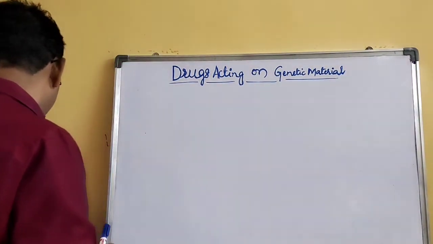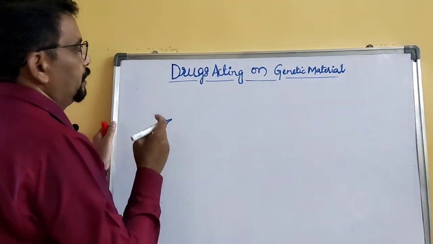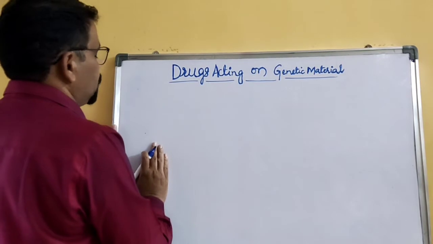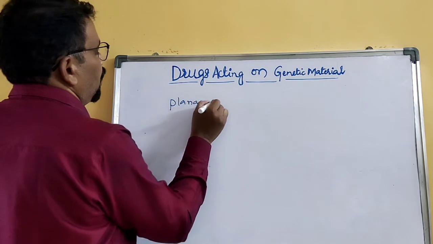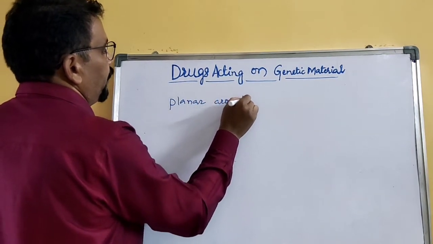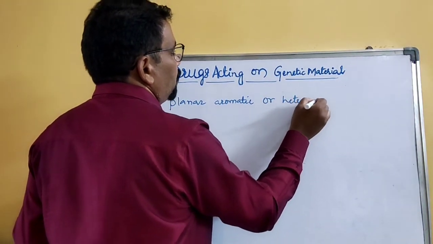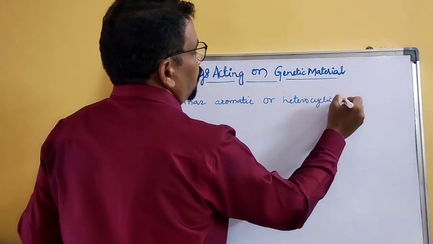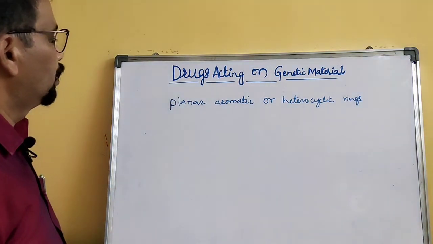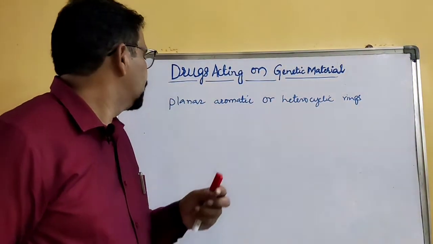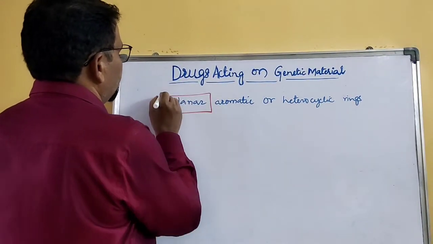First, generally, drugs acting on genetic material should have planar structure, planar aromatic or heterocyclic ring structures. Why did I mention specifically about planar?